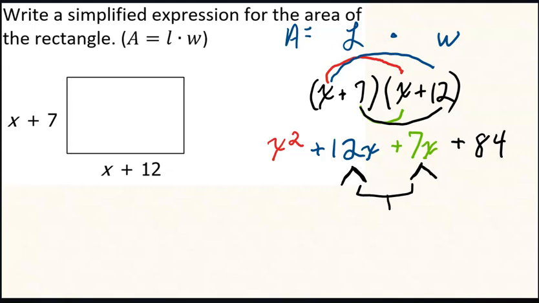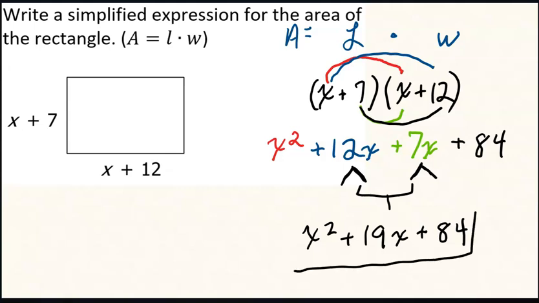So I'm going to add these two together and get 19x. Then I'm going to bring down everything else. And that's the area of this square or rectangle. It's a little bit of an awkward problem, but the operation here of multiplying polynomials is very important.